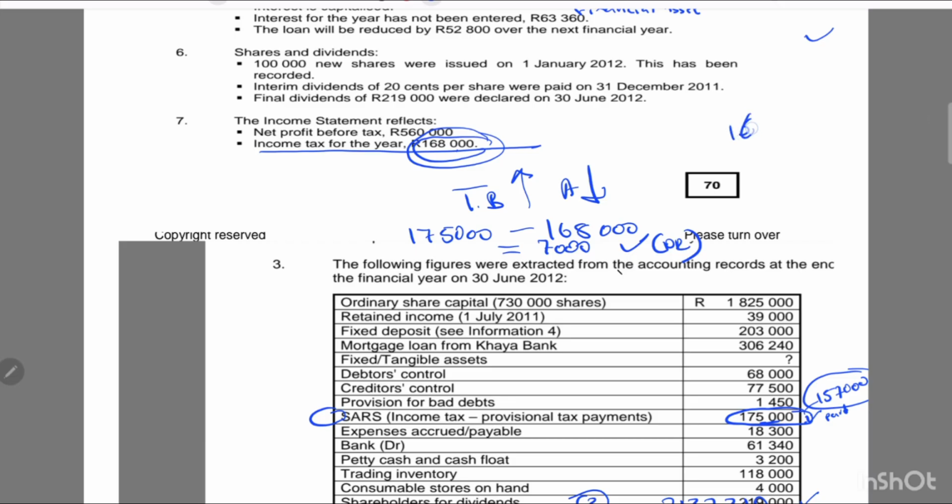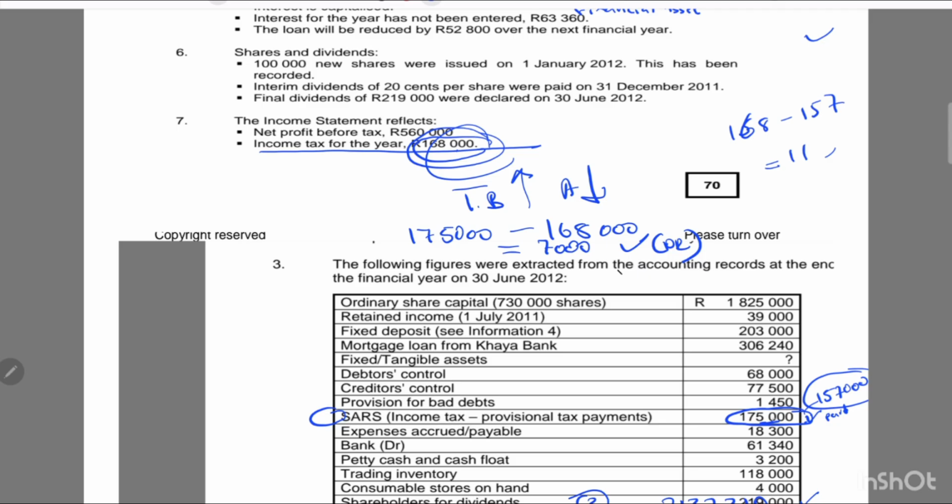It's going to be 168 minus 157, which I think is 11,000. So that money must be shown under current liabilities as SARS income tax, because in this case we are owing SARS. It's a liability for the company.